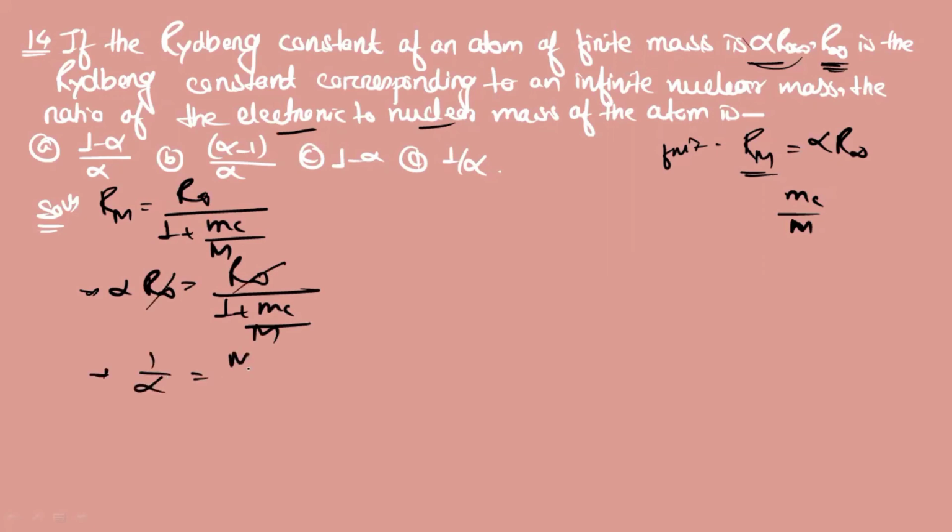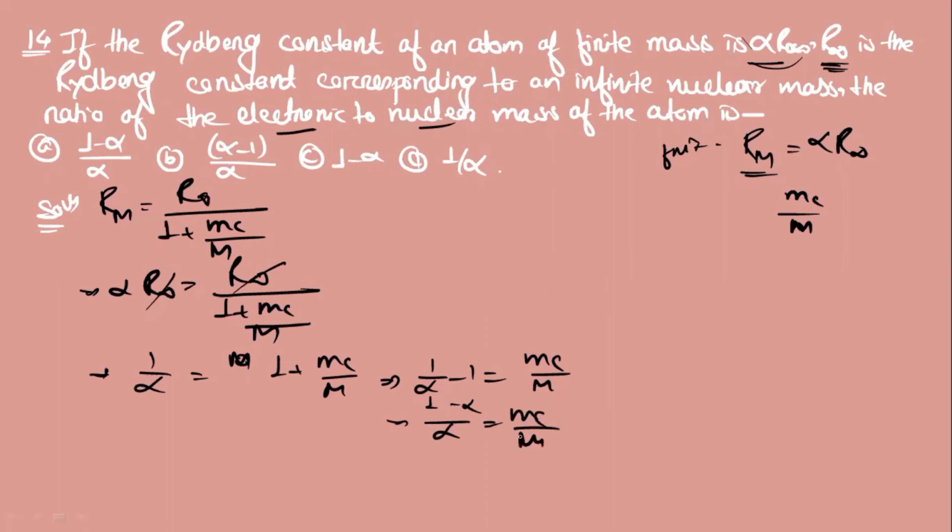So 1 by alpha equals 1 plus mc by M. So from here, you can write 1 by alpha minus 1 equals mc by M. This is the ratio that you are asked to find. When you do so, you take this to be alpha, this is 1 minus alpha, mc by capital M. So you are getting the ratio to be 1 minus alpha by alpha. So the correct option is option A. Clear? Very easy and very simple.